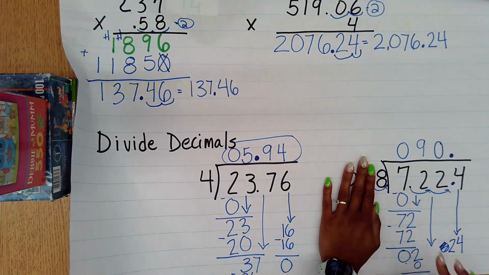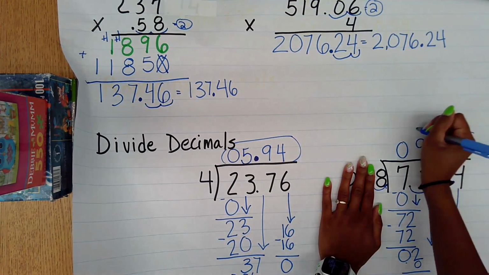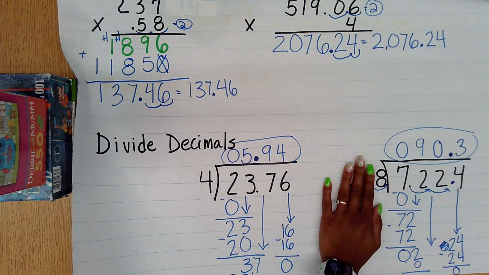And then I want to see how many groups of 8 I can fit into 24. I can fit 3 groups of 8. 24 minus 24 gives me 0 for a final answer of 90 and 3.